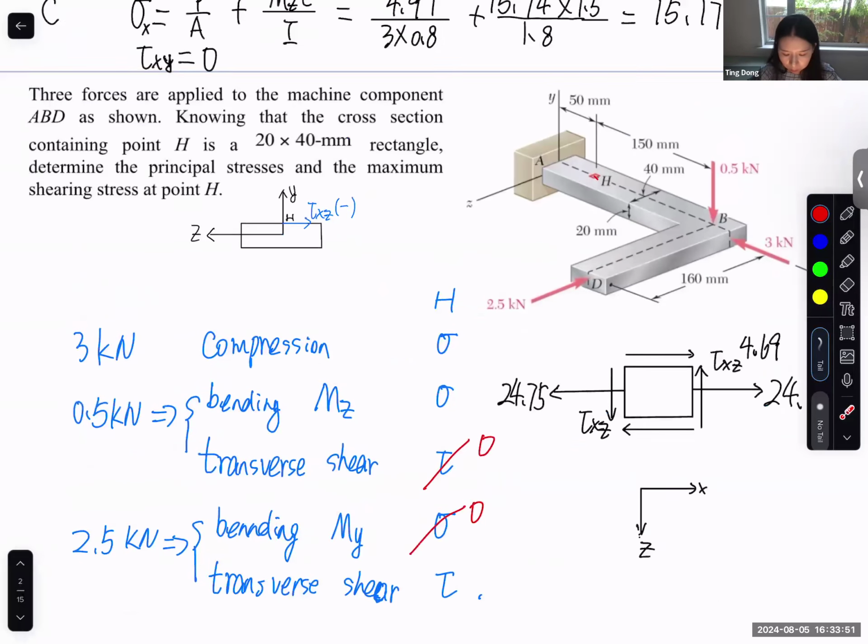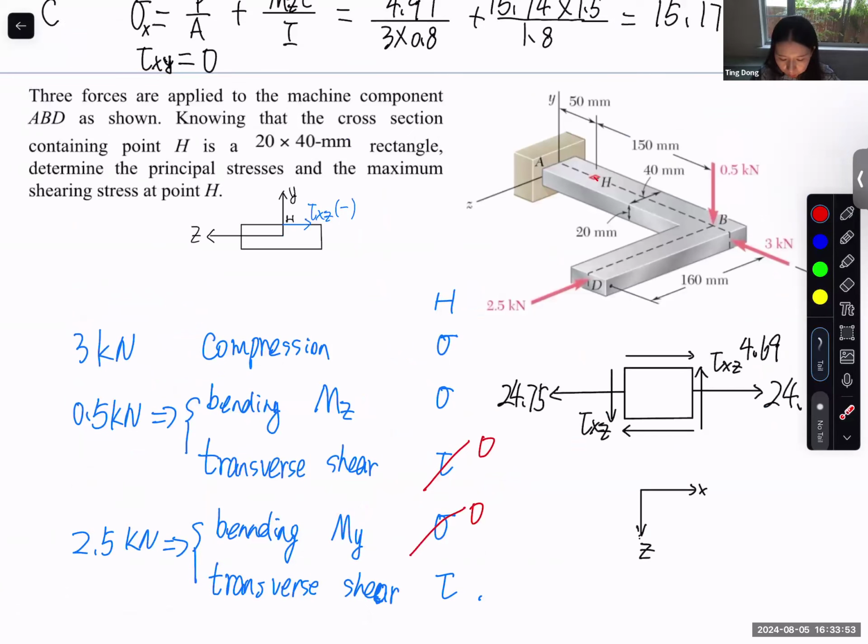In the second example, it's very similar. For point H, let's say we look from this side and this is the cross section, with the y direction and z direction. Point H is on the top at the middle point.